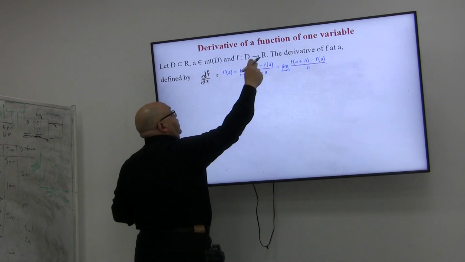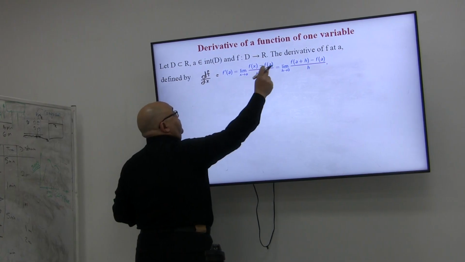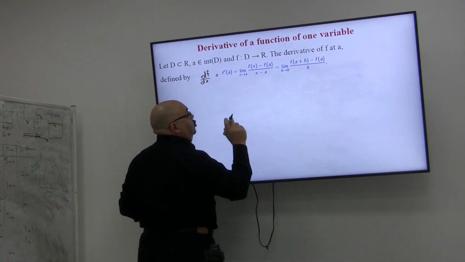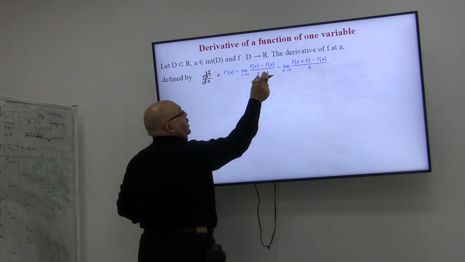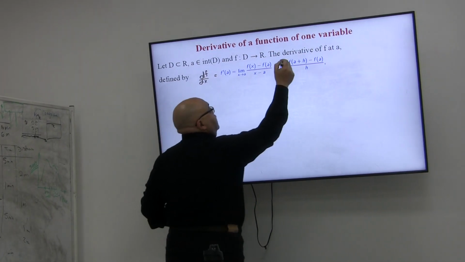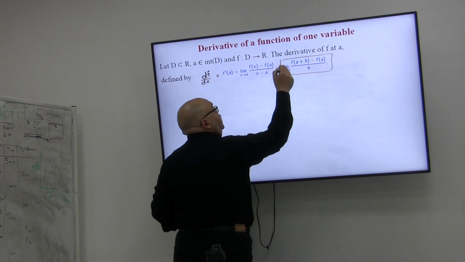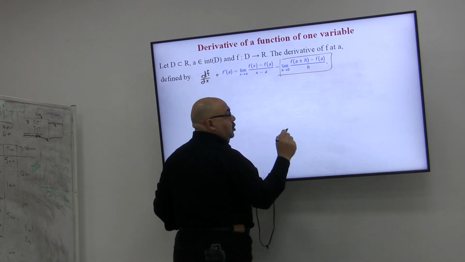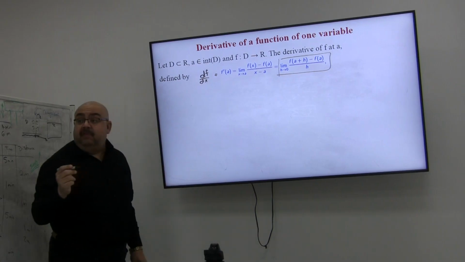It's the limit of the difference in the output over the difference in the input. And also, for a small arbitrary change in the input, I can write the limit this way, which is the famous limit of the derivative of a function.